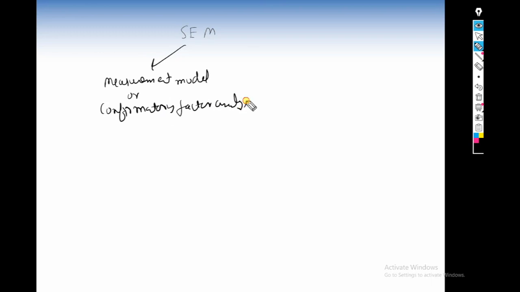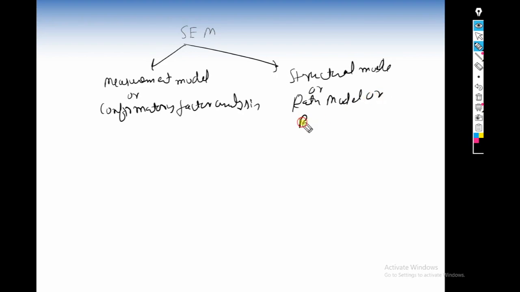The other thing is the structural model, or the other name, the path model or path analysis.